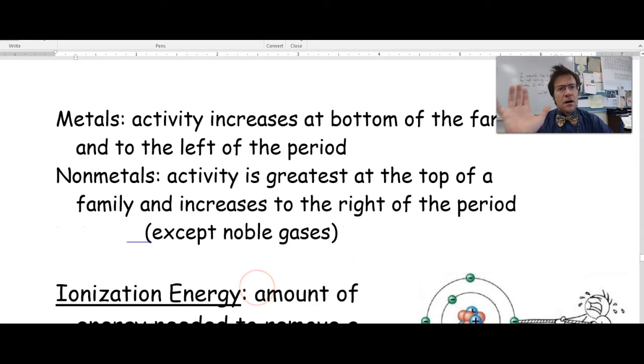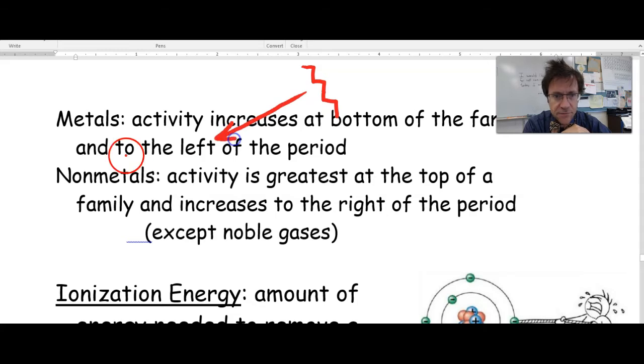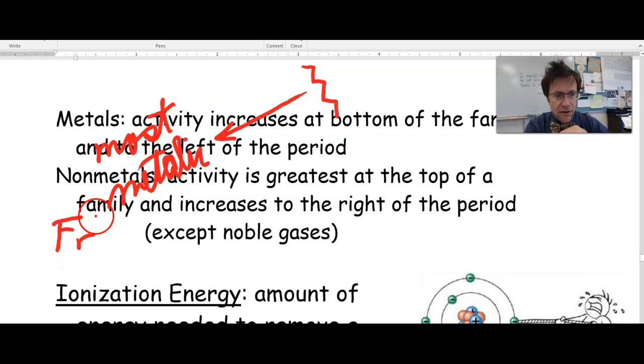So the reactivity thing, what I just said there with the whole atomic radius thing. If you remember, there's the squiggle line that goes like this on the periodic table. And for the most metallic things, you go way down and left. And so we said francium is the most metallic because it's all the way down and left.